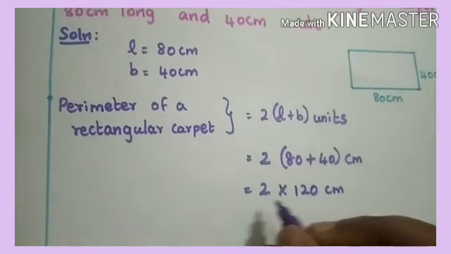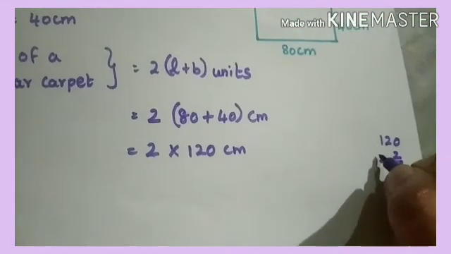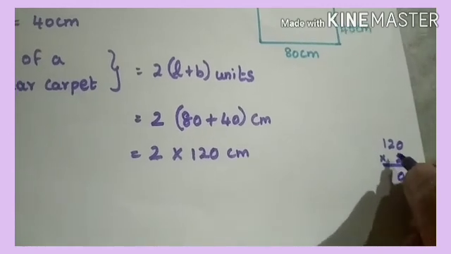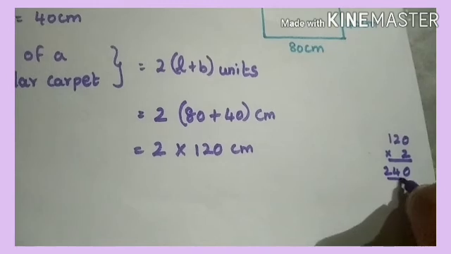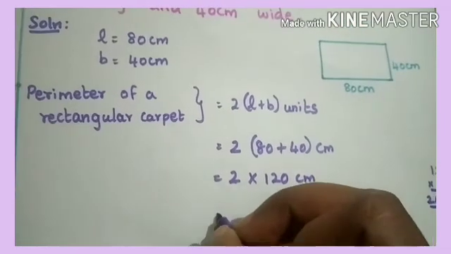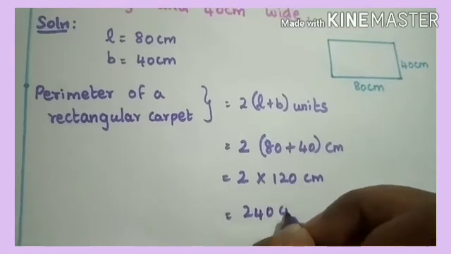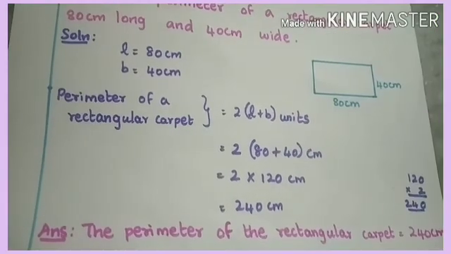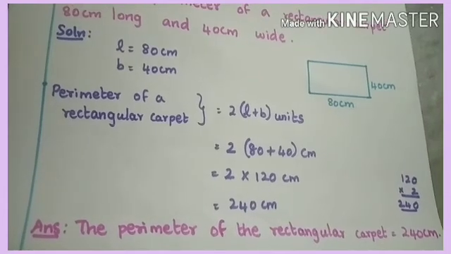Now multiply the number 120 by 2. Multiply 2 by 0, we get 0. Then multiply 2 by 2, we get 4. Then multiply 2 by 1, we get 2. That is 240 centimeter. Now we get the answer: the perimeter of the rectangular carpet is equal to 240 centimeter.